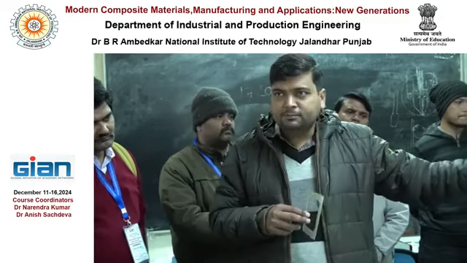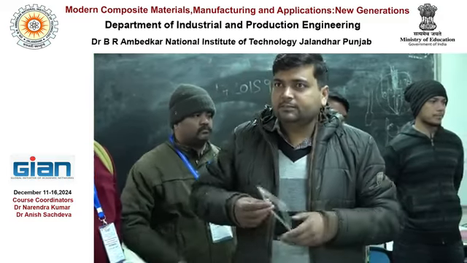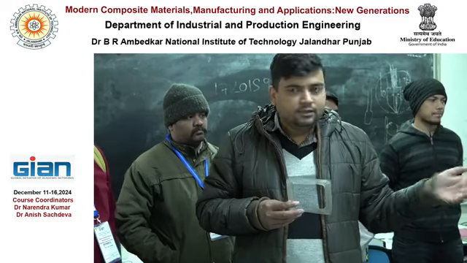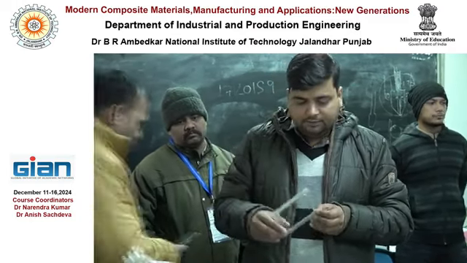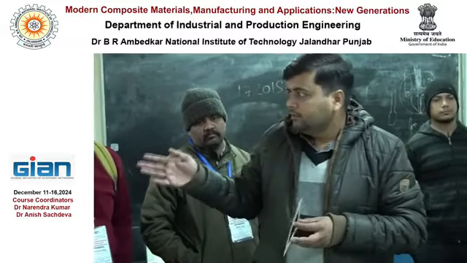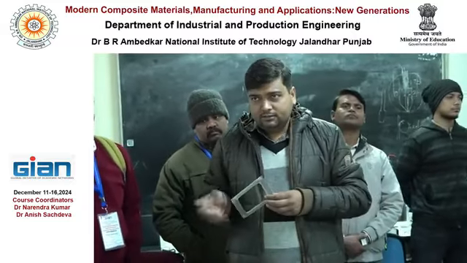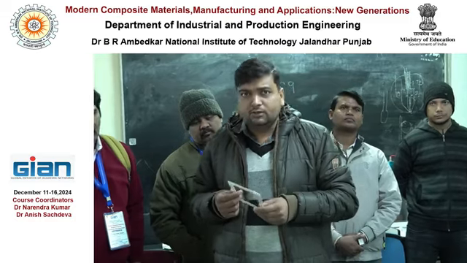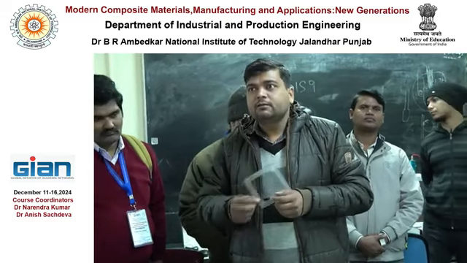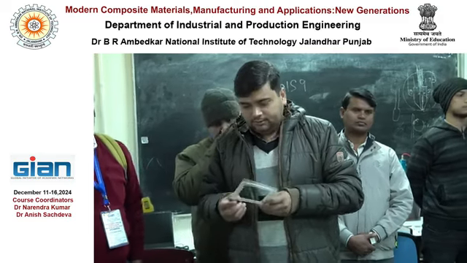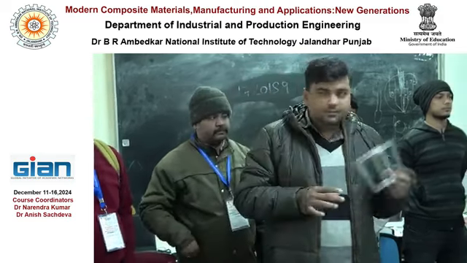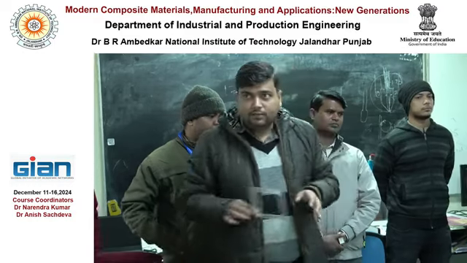So we are developing this machine under the CRG project. So soon I think it will be developed and then we will use it with the robotic arm. The robotic arm is under installation. The installation of this robotic arm is ongoing. So we will soon try to mount the setup on the robotic arm. So this is also one of the machines that we have developed in our lab.